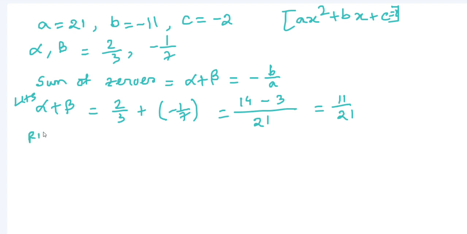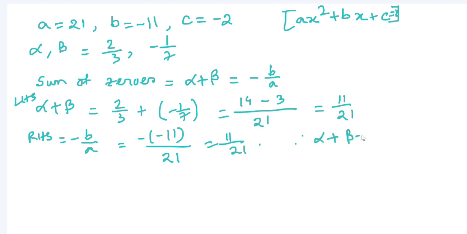Now, in the RHS we have minus b by a. The value of minus b is minus of minus 11, and a is 21, which is coming 11 by 21. So we can clearly verify that alpha plus beta equals minus b by a. Verified.